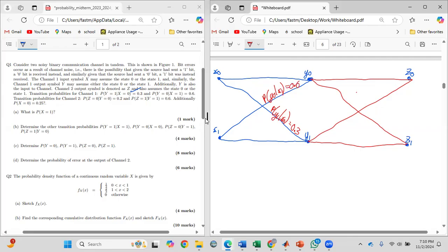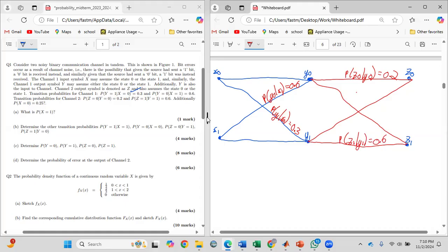Alright, and then they said for channel 2, the probability of Z0 given Y0, which is up here, is 0.2, and they said the probability of Z1 given Y1, this one, the Y1 is down here, is 0.6.